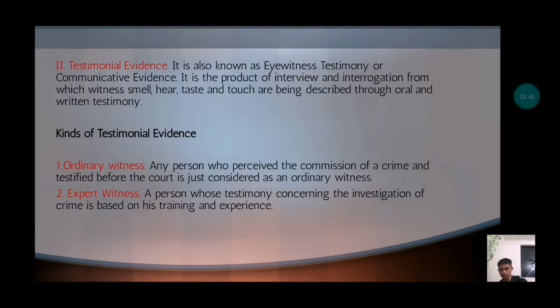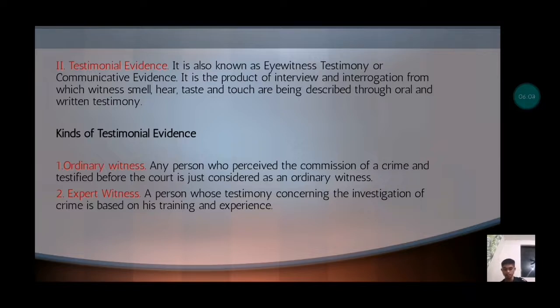So, next are the kinds of testimonial evidence. Number one is ordinary witness. In the ordinary witness, any person who perceives the commission of a crime and testifies before the court is considered an ordinary witness.